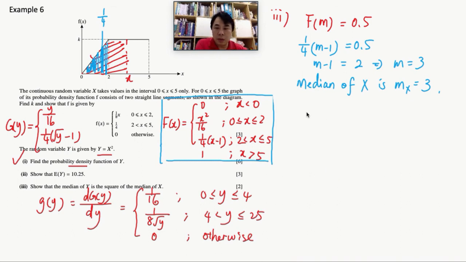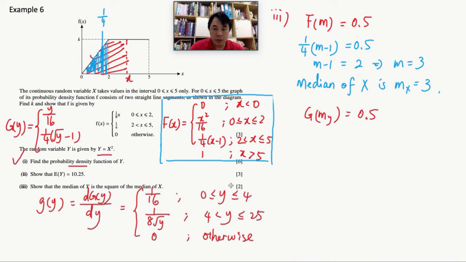Alright. Now the second part is we're going to work out the median for y. Now we are using gy instead. The median for y in this case must also be 0.5 here. From here you can figure out which region actually gives us the 50%.